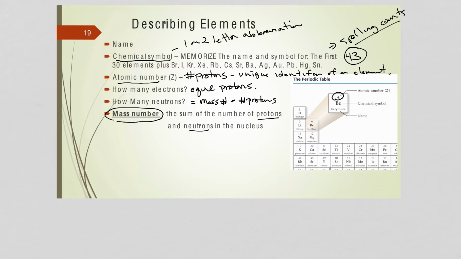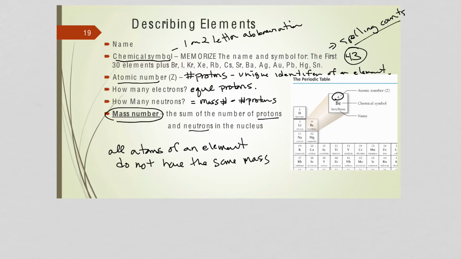Because while Dalton was correct that all atoms of a given element are the same because they have the same number of protons, one thing that he was not quite right about is that all atoms of an element do not have the same mass.